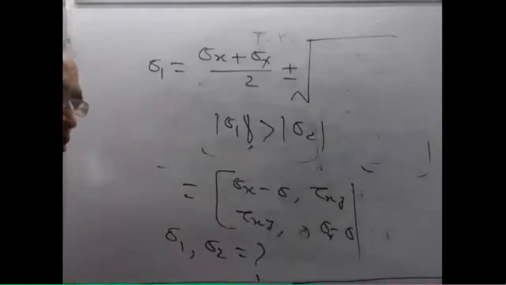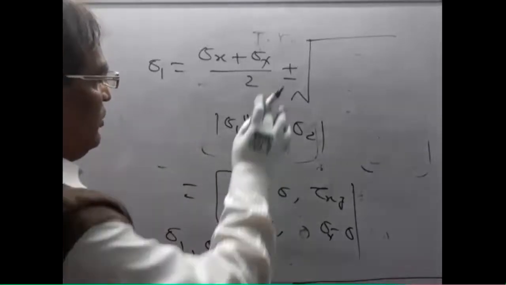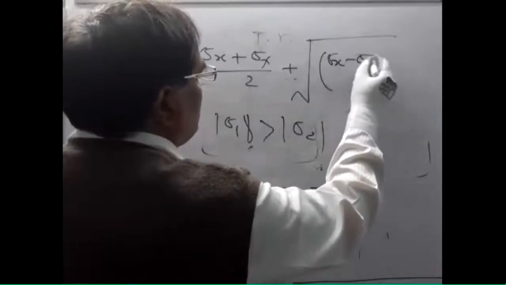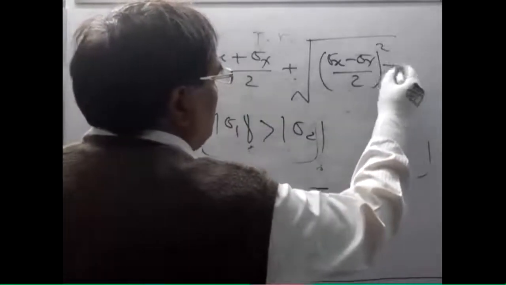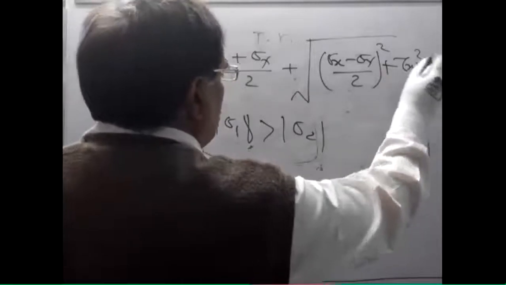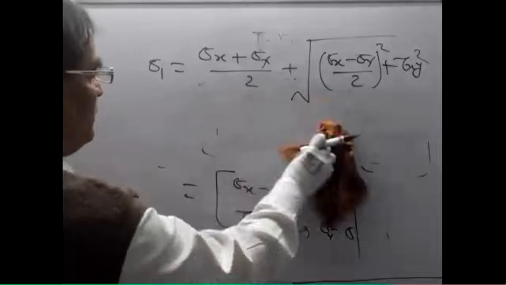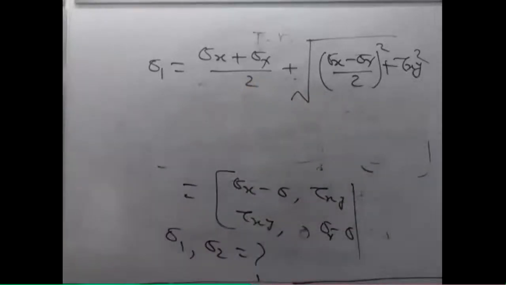So here you have to take sigma 1 as the maximum because it is larger, and sigma 2 will be the same thing, but with the negative sign.